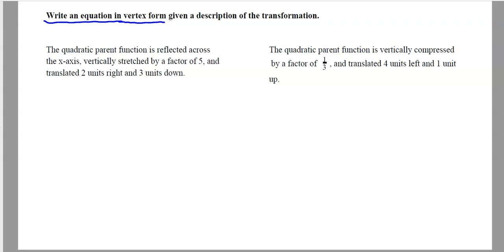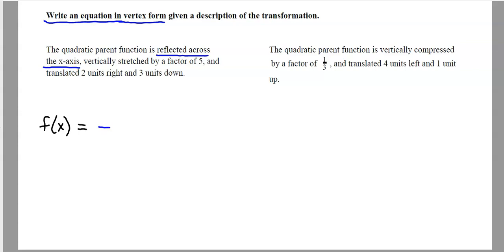So they're saying that the parent function is reflected across the x-axis. All right, so if you reflect across the x-axis, that tells me, well, actually, I'm going to put this in black. f of x equals, well, that blue clue right there tells me it's going to be a negative because we're reflected.